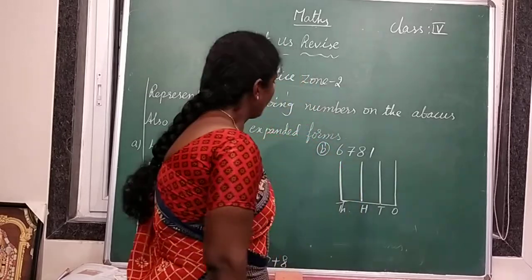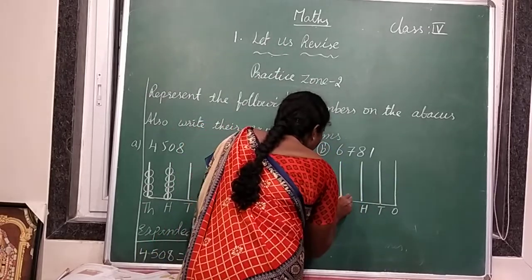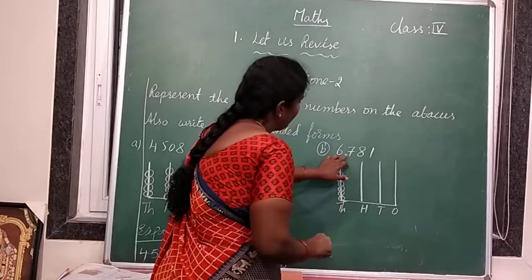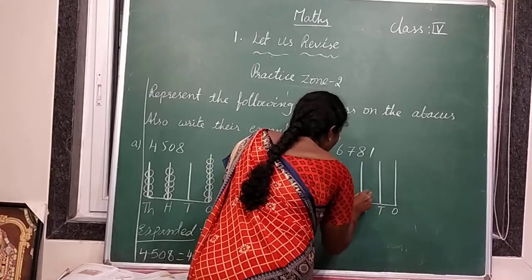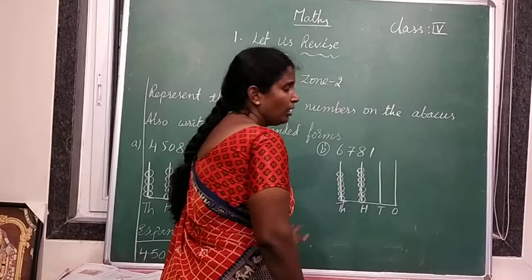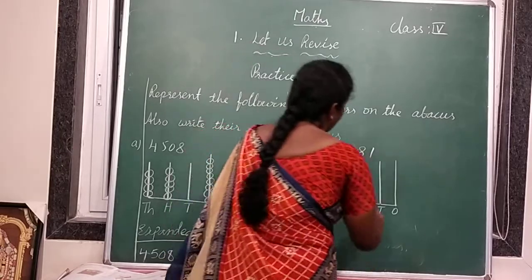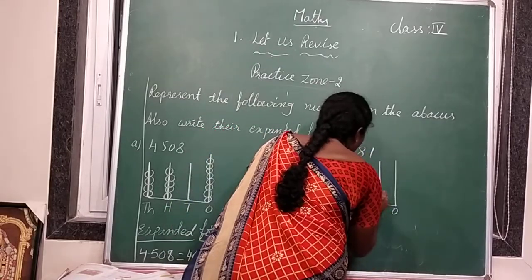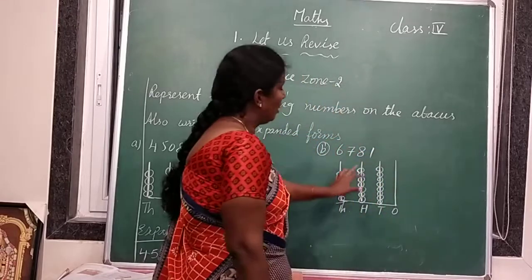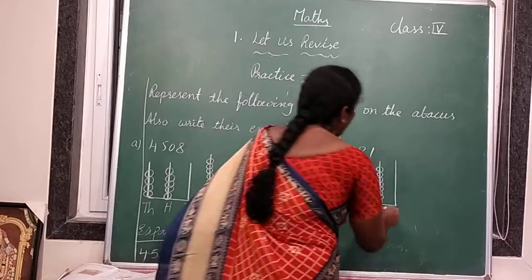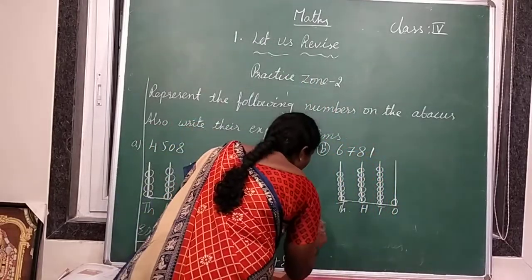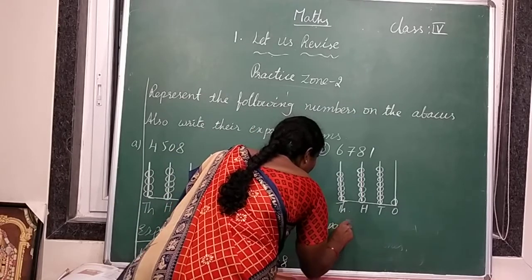Write fast. 6, so 1, 2, 3, 4, 5, 6. 7 hundreds, so 1, 2, 3, 4, 5, 6, 7. How many tens? 8, so 1, 2, 3, 4, 5, 6, 7, 8 tens. How many ones are there? Only one.